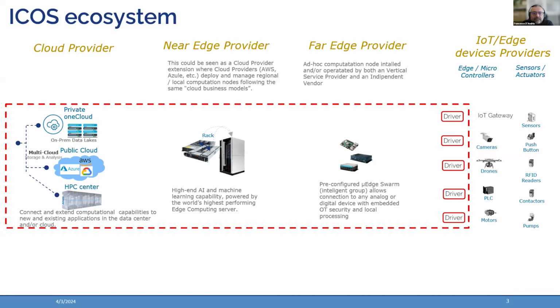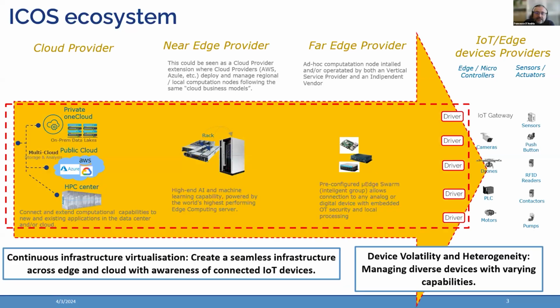This includes public and private multi-cloud computing, far edge, near edge, and intelligent devices that are connected through the ICOS ecosystem through drivers that ICOS itself is able to manage, and the goal is to ensure an efficient governance of this application. But most of those concepts may already be familiar to you.